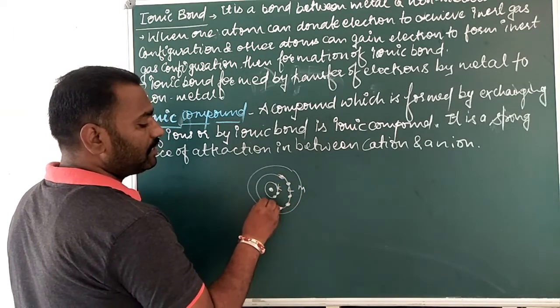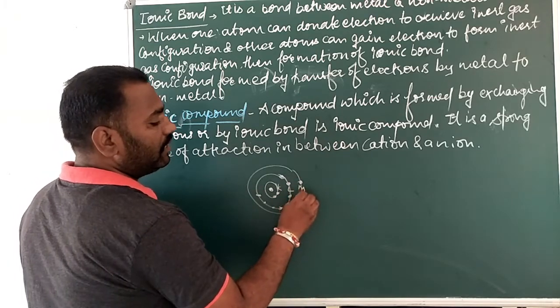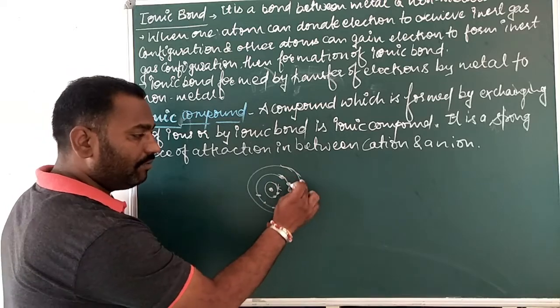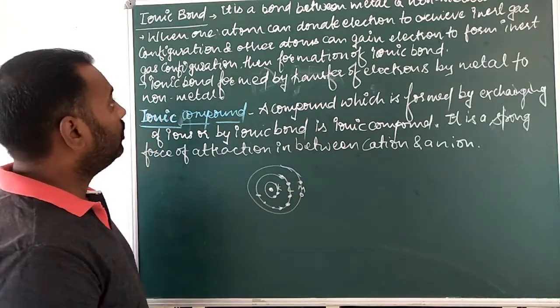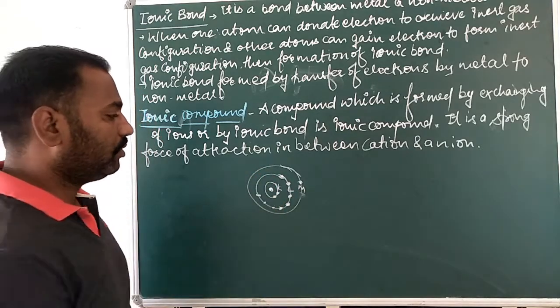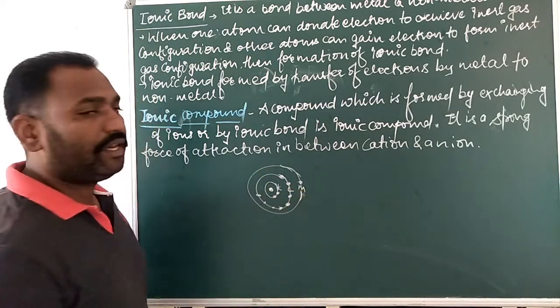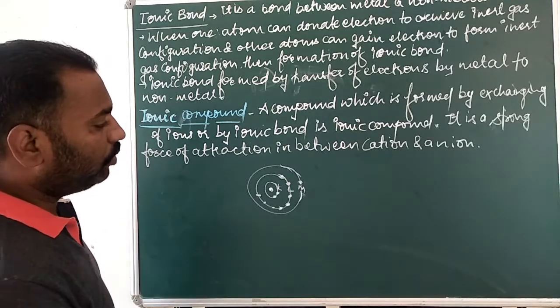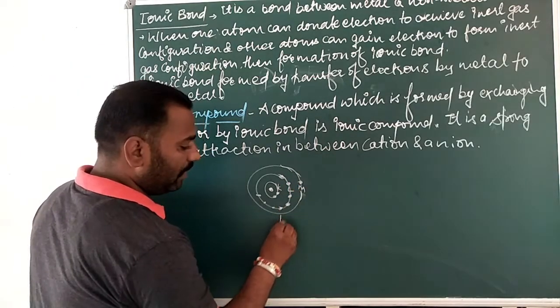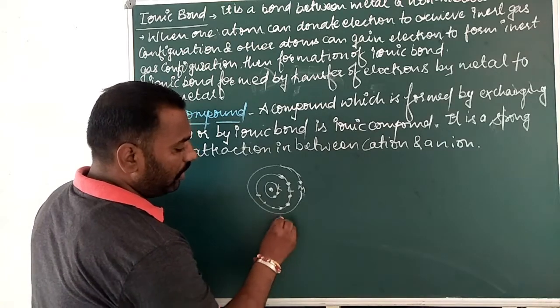For magnesium the valence shell contains 2 electrons, but sodium has only 1 electron in the outermost M shell. This is Na.